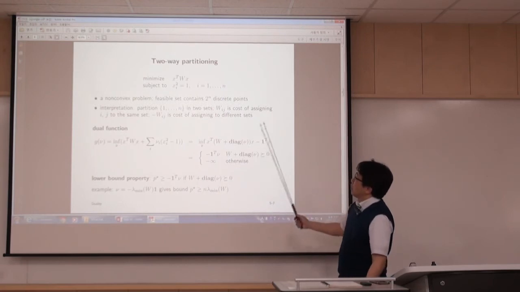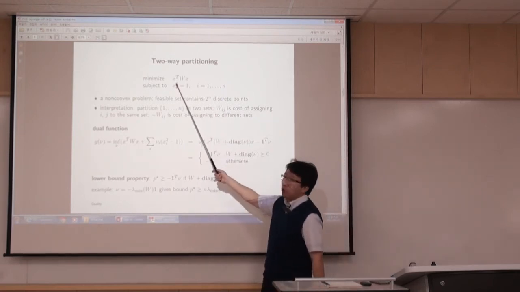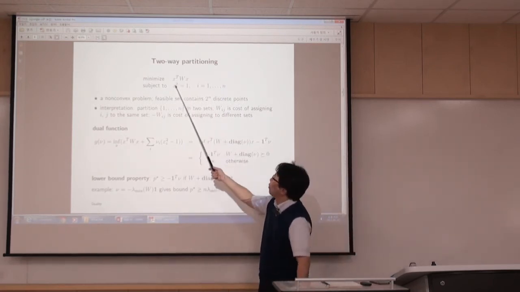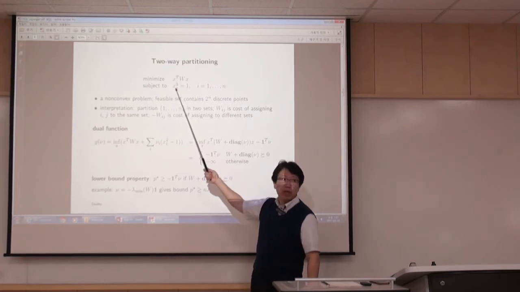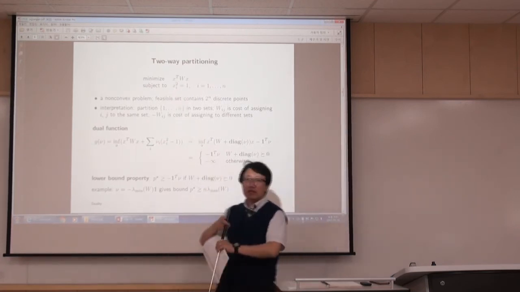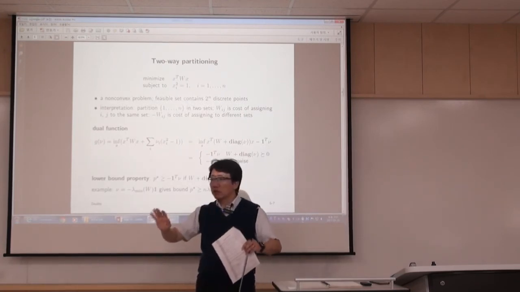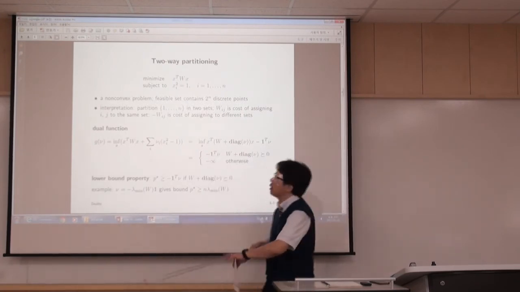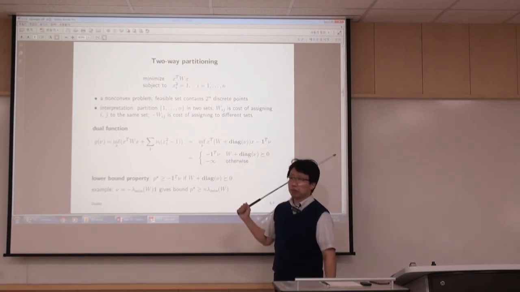Anyway, now the optimal X has some components 1 and some components -1. So you can view this as a partitioning into two groups. That's why it's named two-way partitioning.